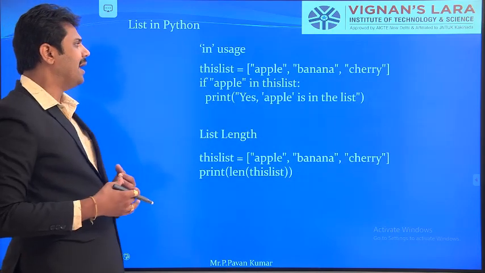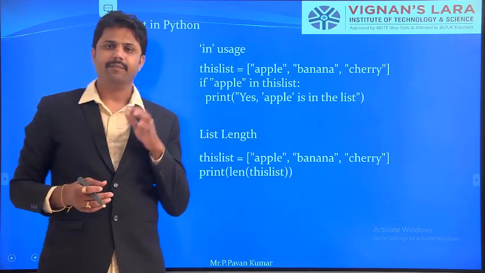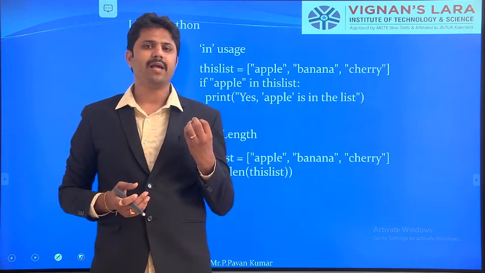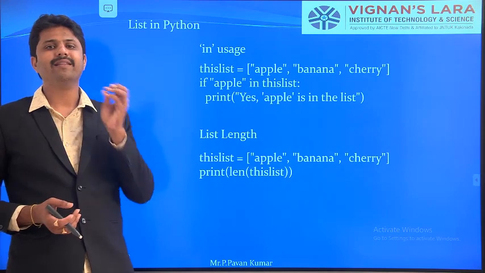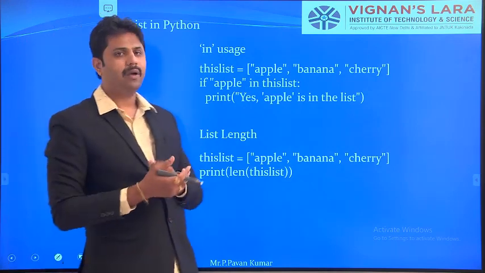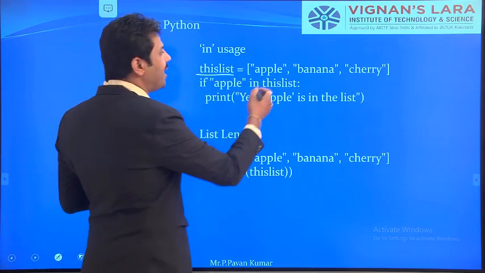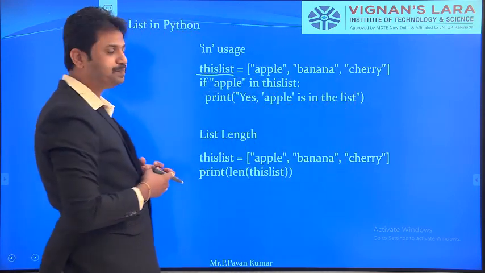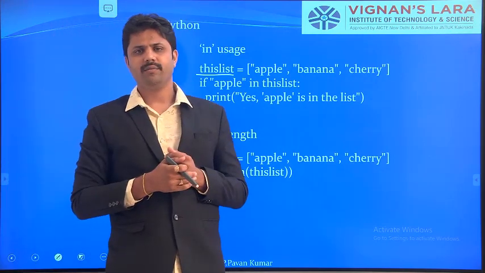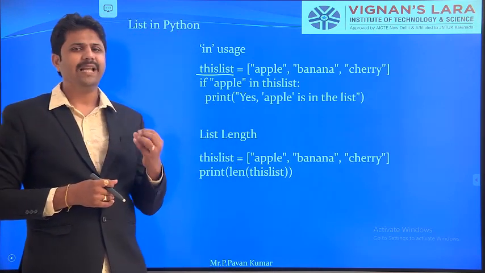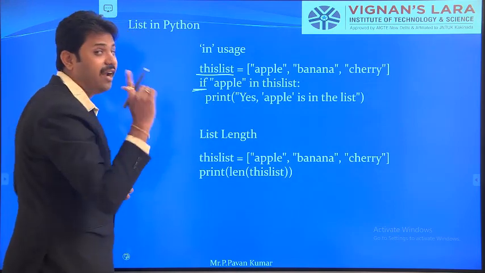Next one, in. In is a keyword we already discussed. For example, if you want to check whether a particular value is available in the list or in the string, we use in. For example, I am taking this list. This list contains apple, banana and cherry. I want to check whether apple is available in that list or not. I just use the statement if, which is a condition.